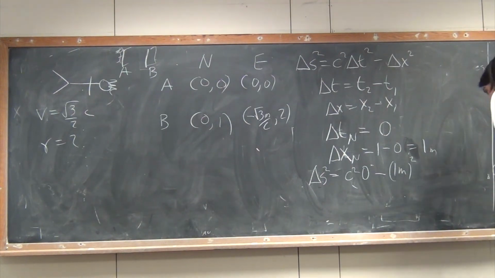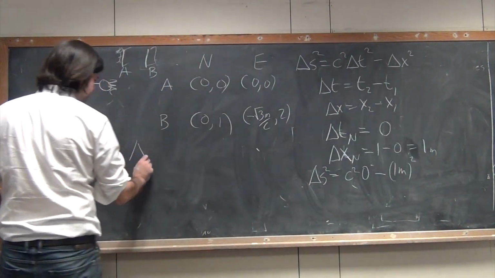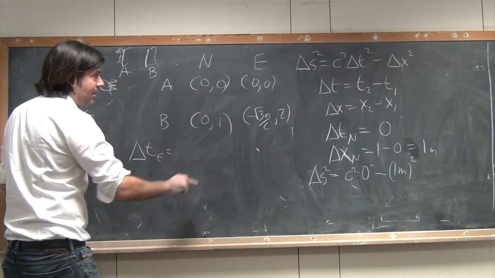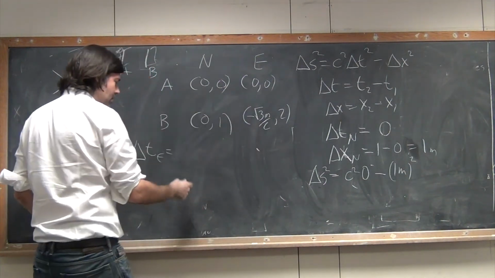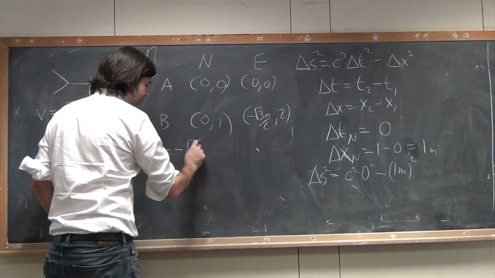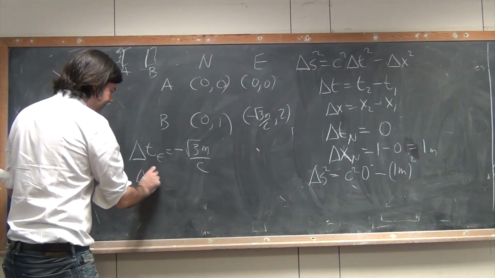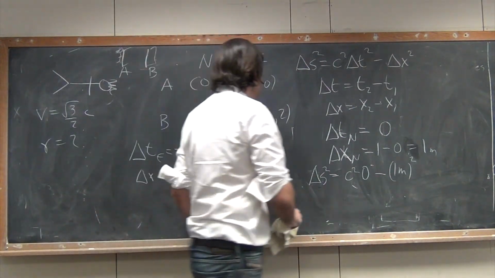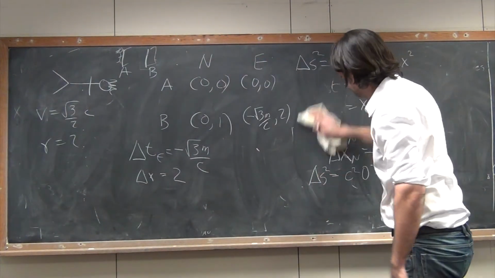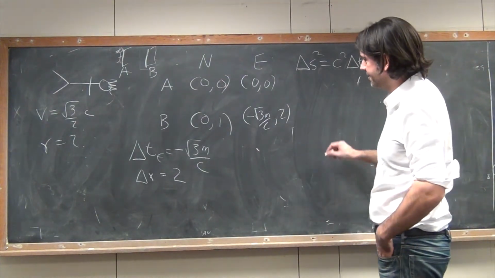What about for Einstein? Well, for Einstein, one event happens at minus square root of 3 meters over c, and one happens at 0. So delta t is minus square root of 3 m over c, and delta x is 2. So when I now plug into this formula, what do I get?